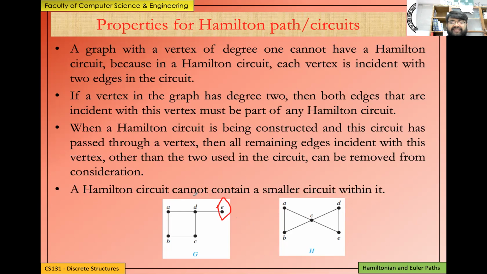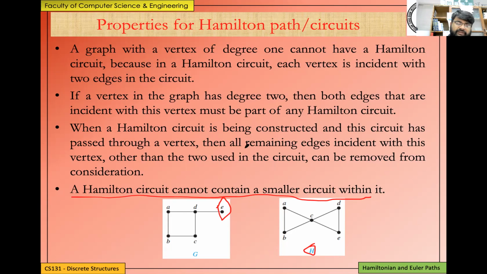So a Hamilton circuit cannot contain a smaller circuit in it. Notice this point. This is the exact property that can be used to show that a Hamilton circuit cannot exist for the graph H, because it contains a smaller subcircuit like that.